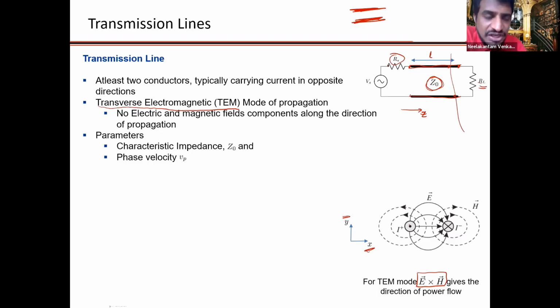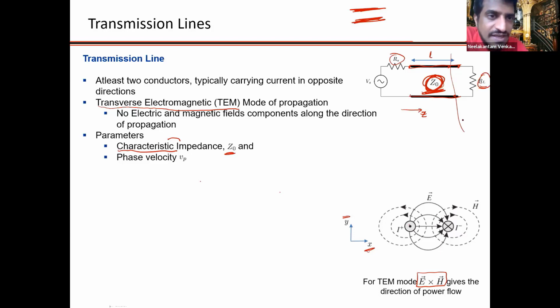Later, we are going to be seeing the parameters of the transmission line, two important ones: the characteristic impedance Z0 that we have here. We call that the characteristic impedance. It's not impedance, it's characteristic impedance. These two words have to go hand in hand when you describe the transmission line.